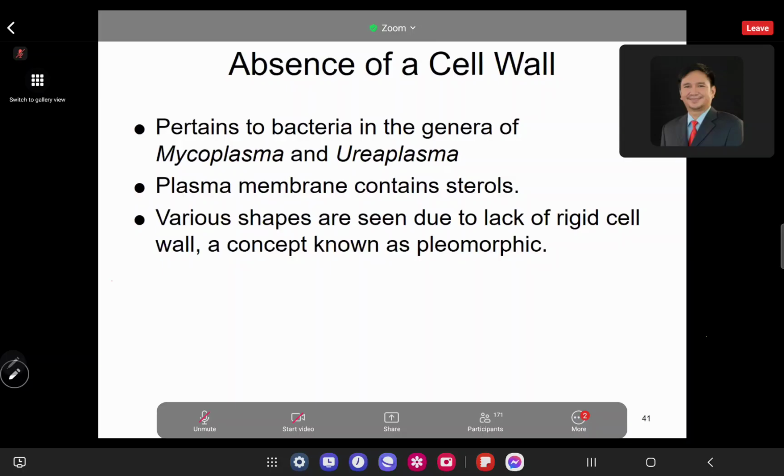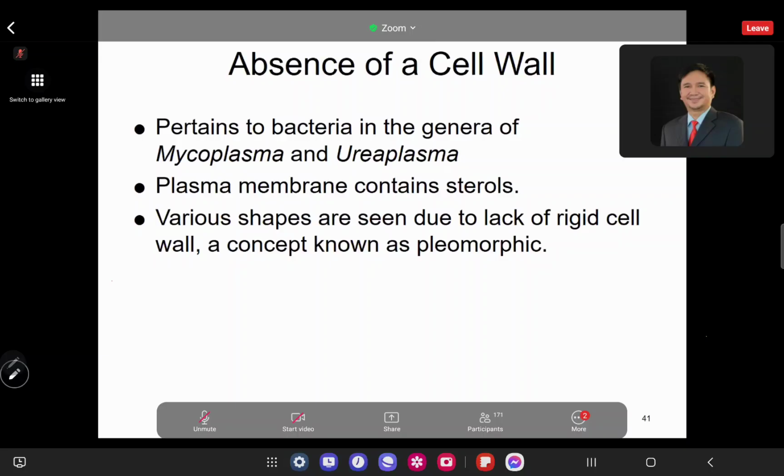Without a cell wall, bacteria can exhibit different shapes, like Chinese character or palisading. These are all pleomorphism. The absence of a cell wall makes these bacteria naturally resistant to antibiotics like penicillin, which target cell wall synthesis.